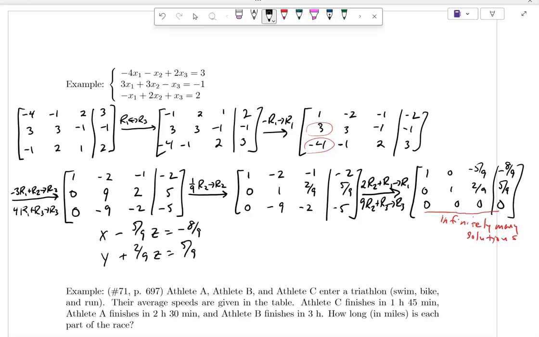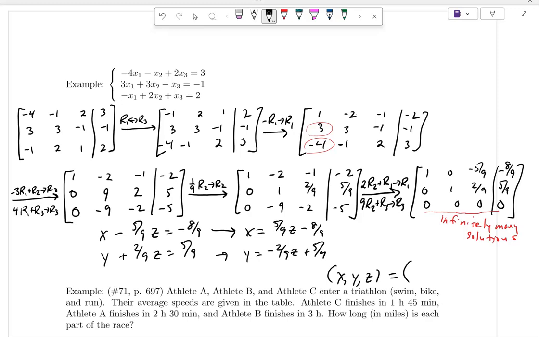Okay. So remember, this is where you write the x and the y in terms of the z to start that way. So in the first equation, we will add the 5/9 z to the other side. And in the second one, we'll subtract the 2/9 z to the other side. Doesn't really matter what letters you call them as long as you call them different letters. So then when we write our solutions, remember this means that we get to pick whatever we want for z, but once we pick the z, we know what the x and y have to be in terms of those equations.